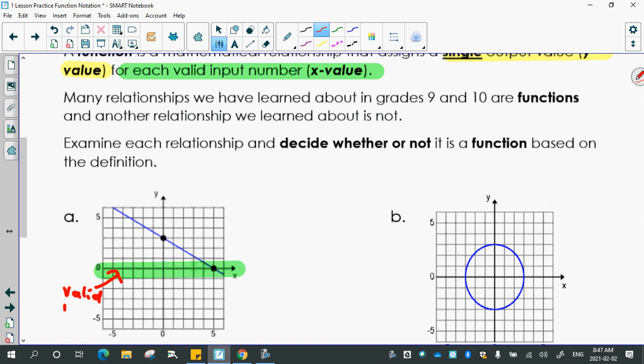I'm just going to write x beside that. So these are all our x's. For each one of these x's, do you see that there's only one corresponding y value? Any x I pick, there's only one corresponding y value. Did you see that? So this would represent a function then.